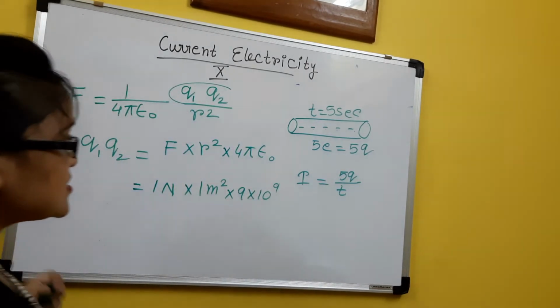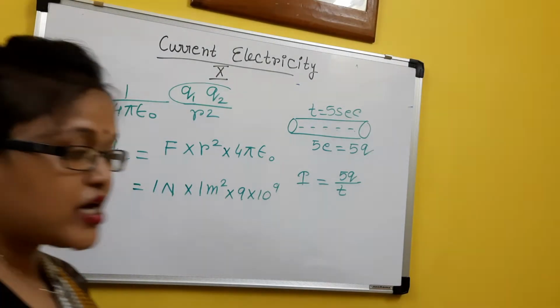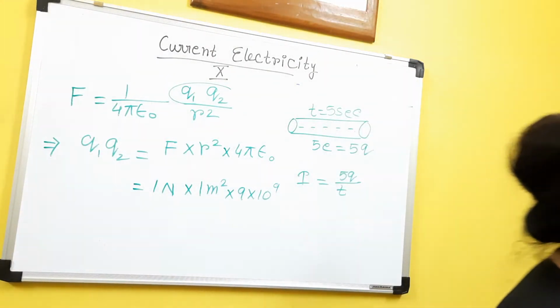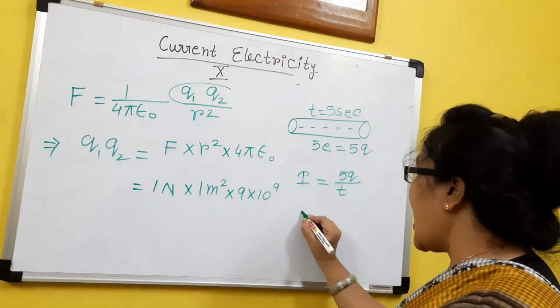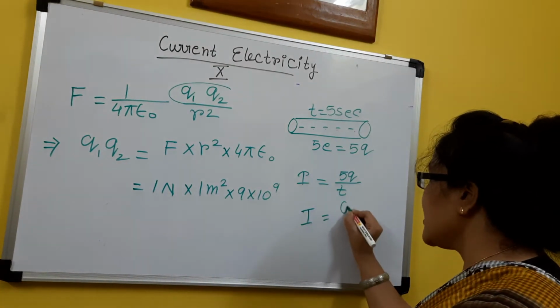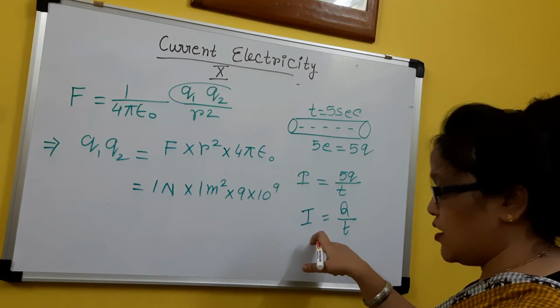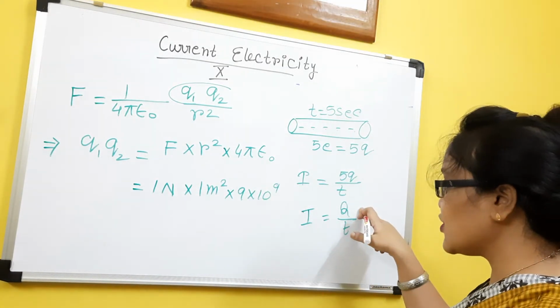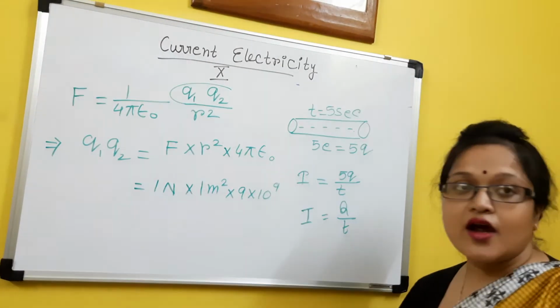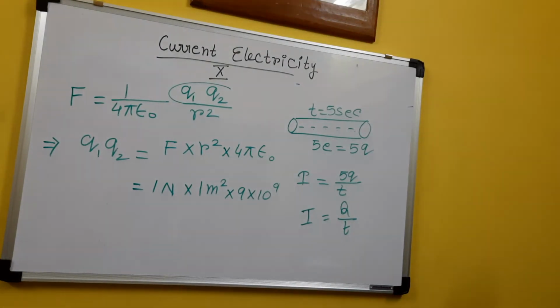Clear? So that is the current. Current is charge per unit time, always denoted as I equal to capital Q by small t, where I is the current, Q is the charge and t is the time.